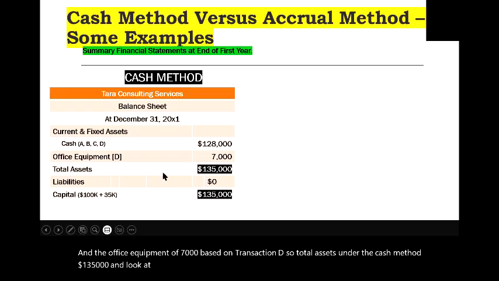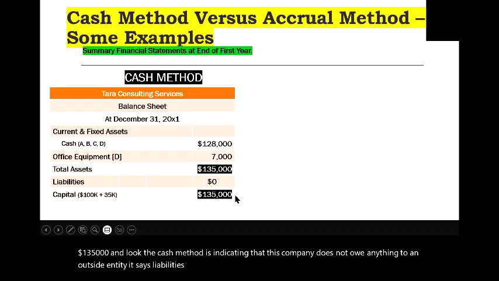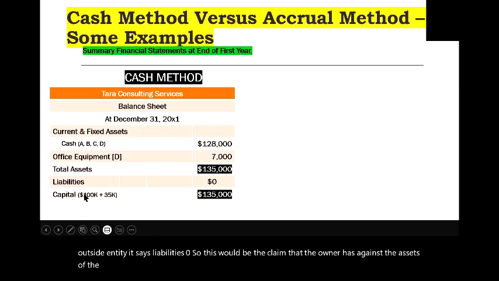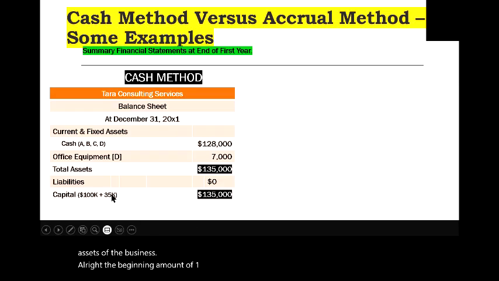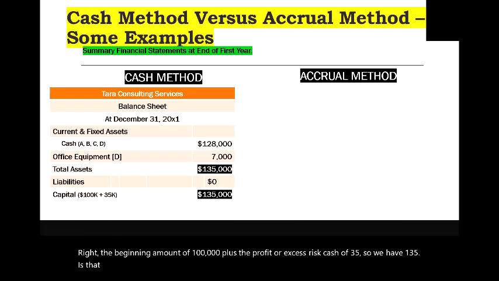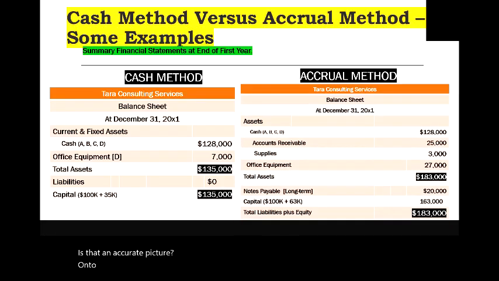The cash method is indicating that this company does not owe anything to an outside entity. It says liabilities, zero. So this would be the claim that the owner has against the assets of the business, right? The beginning amount of 100,000 plus the profit or excess cash of 35. So we have 135. Is that an accurate picture under the cash method?